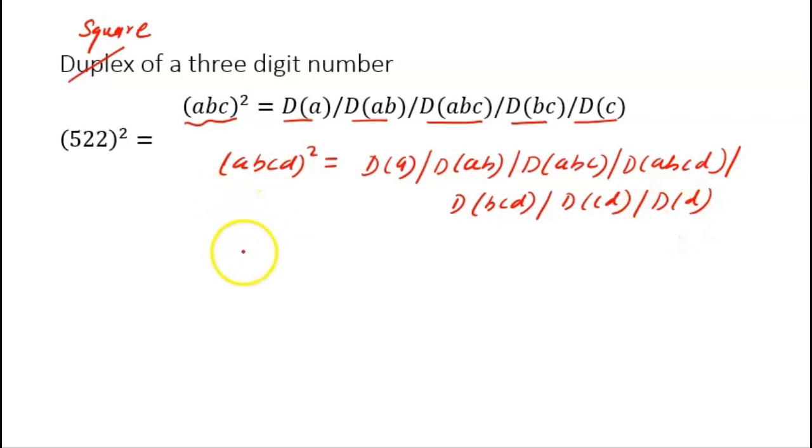If I ask you what will be for a 5-digit number, can you quickly guess it? Let me start from the beginning here so that we have space. So what is the duplex pattern of a 5-digit number?